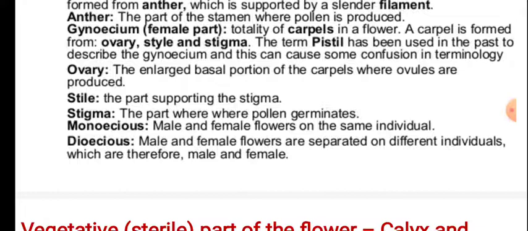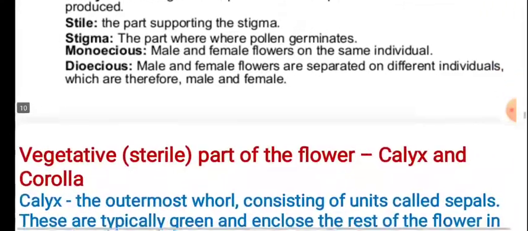Then there are generally two conditions we use, monoecious and dioecious. Monoecious means male and female, that is androecium and gynoecium, are present in the same flower. And dioecious means the male and female flowers are separate, in different flowers.